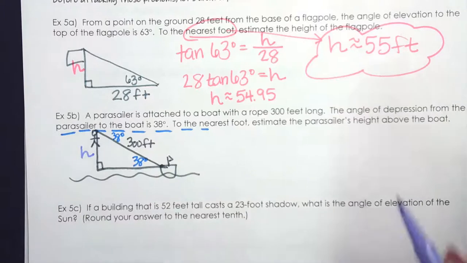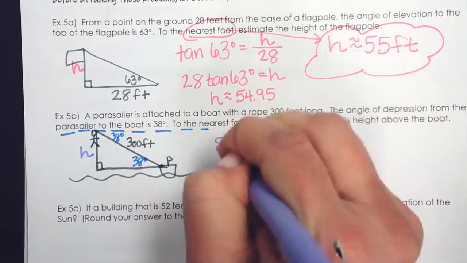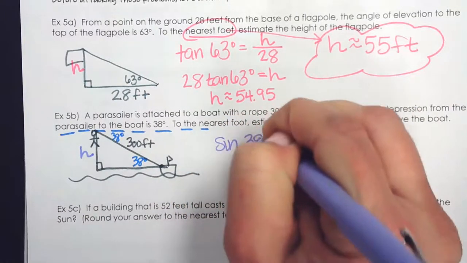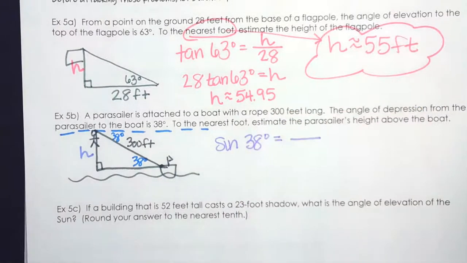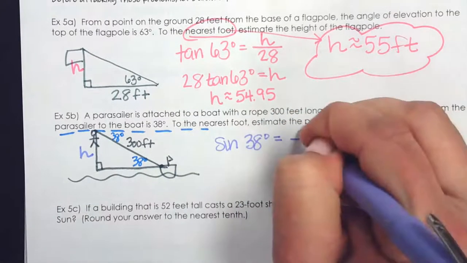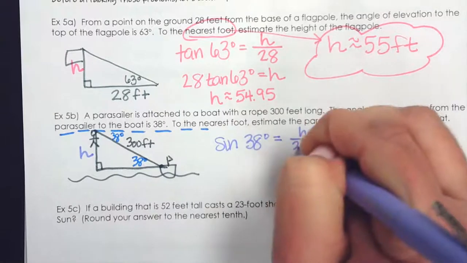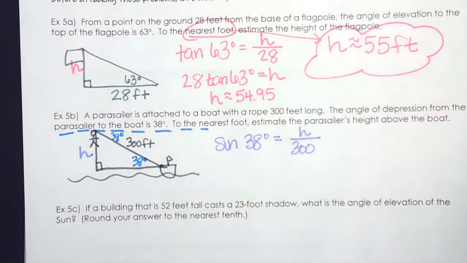What could we use there? Sine. So we can say the sine of 38 degrees equals the opposite, which is h, over the hypotenuse, which is 300. Now the goal is to isolate h, so what do we need to do to find h?